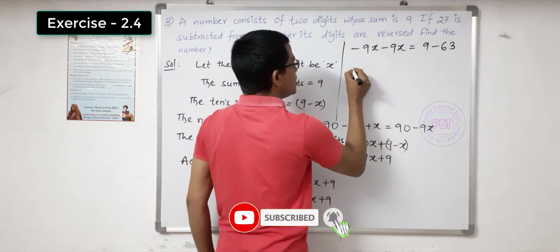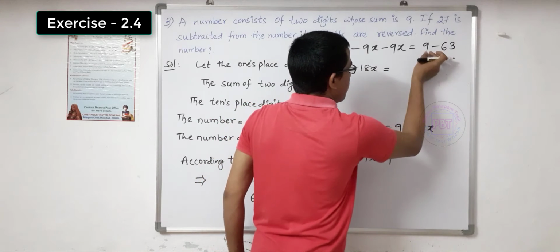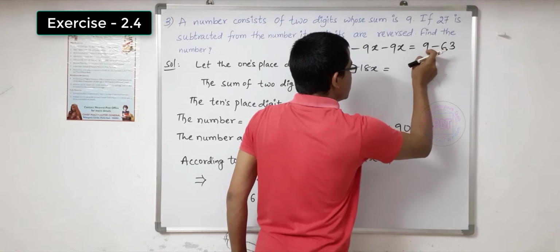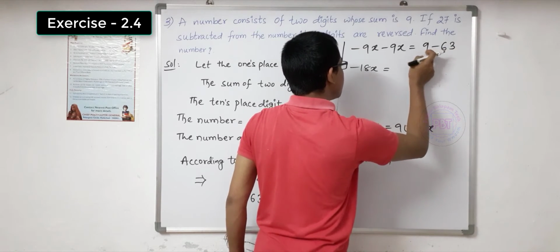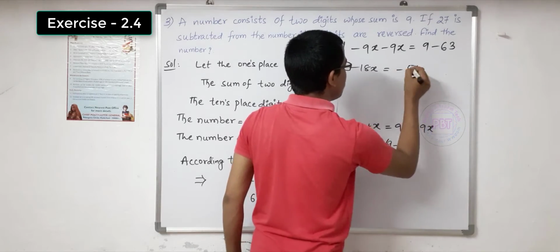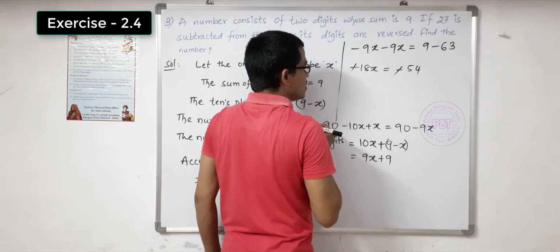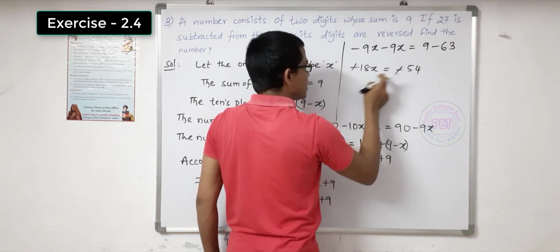Now minus 9x minus 9x is minus 18x equal to 9 minus 63. If you observe, 63 minus 9 is 54, so 9 minus 63 is minus 54. Minus cancelled on both sides.